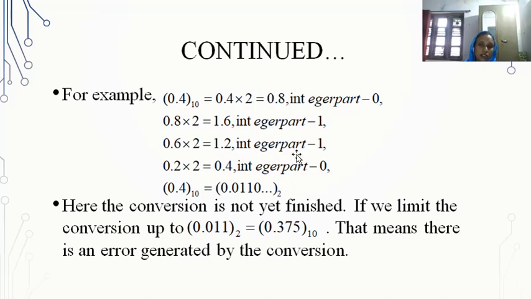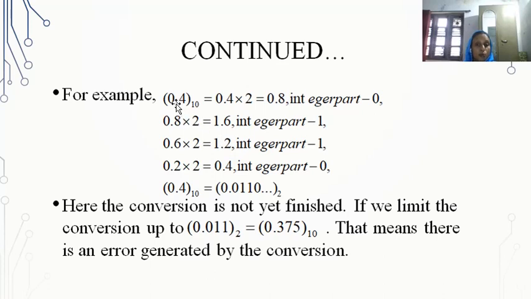But suppose this process does not end after some time, so we have to limit it somewhere. Suppose we do this conversion up to this much. Then we have 0.4 in base 10 equal to 0.0110 in binary. If you convert this binary back to decimal, you can see that this number is equivalent to 0.375 in the decimal system.